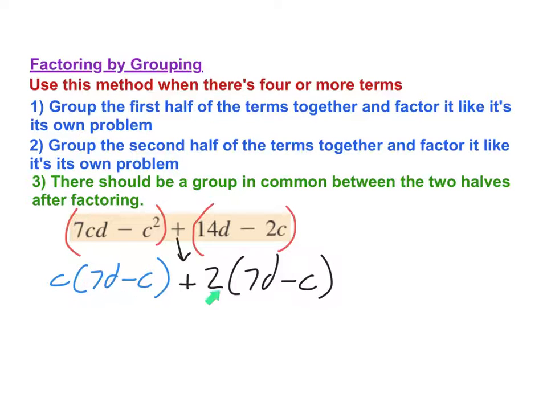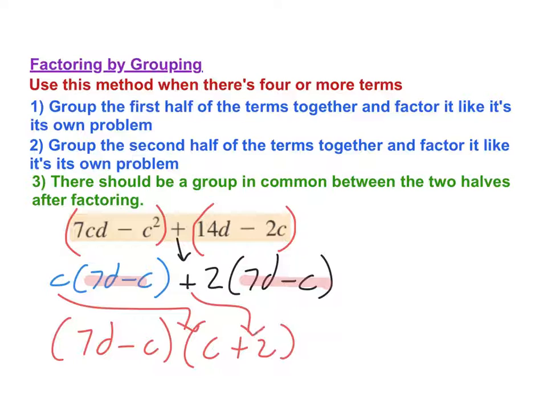From here I have a common group, 7d minus c, so I just pull that common group out, and what am I left with? C plus 2. So the c and the plus 2, and that's how you factor by grouping.